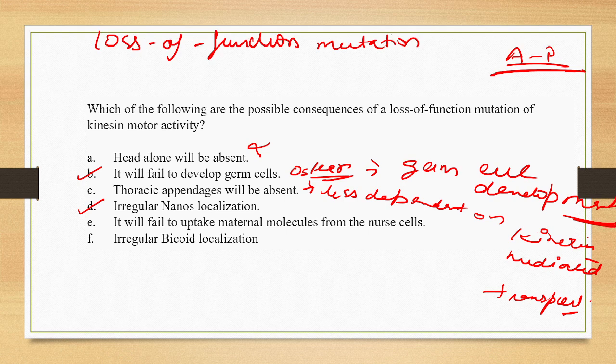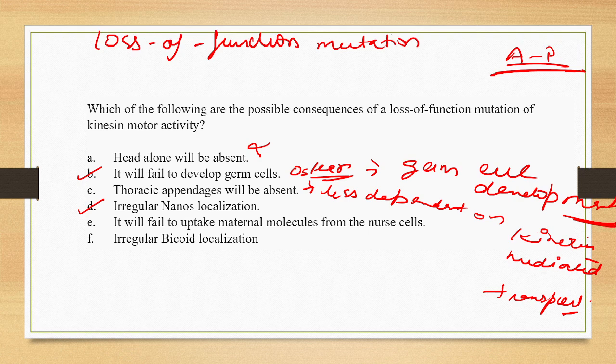Again, listen to my statement: it is dependent upon cytoplasmic streaming and microtubule dynamics. So kinesin mutations specifically affect the localization of the zygotic determinants mostly, and they do not affect the overall uptake of maternal molecules. So this is also wrong.